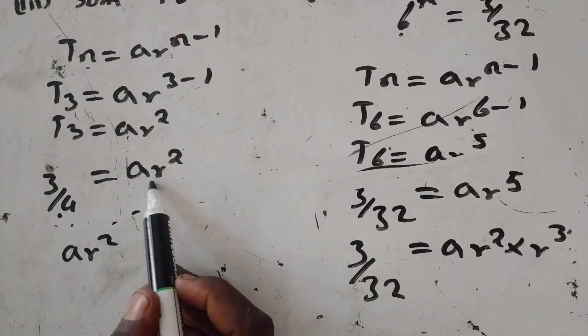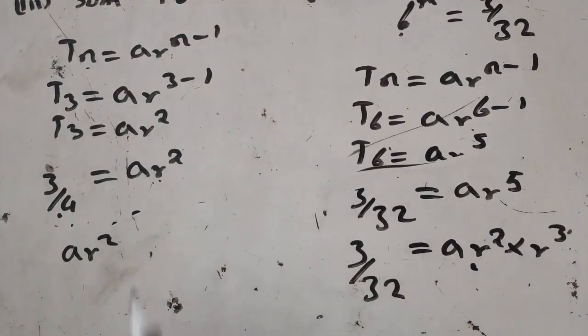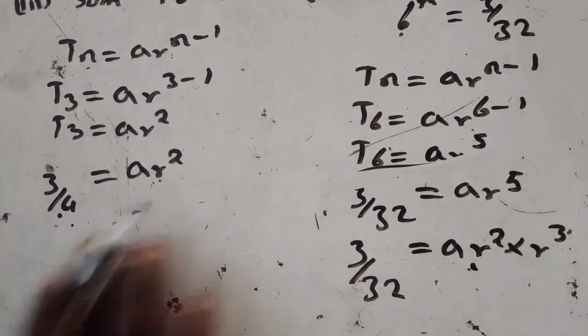They are equal, so we can replace ar squared with 3 over 4.